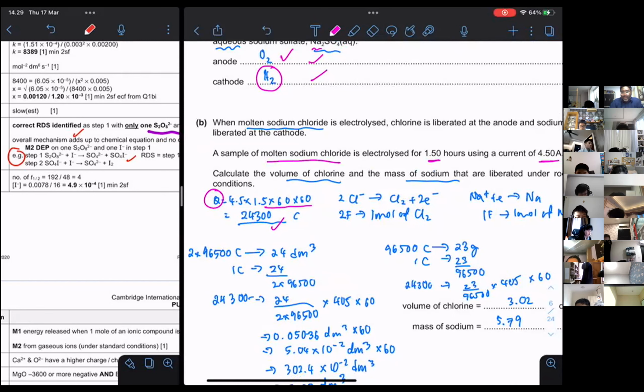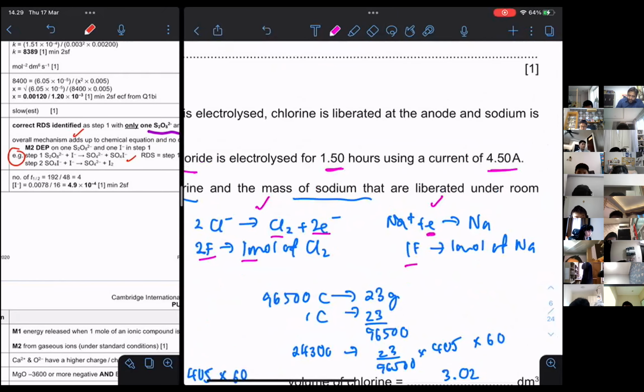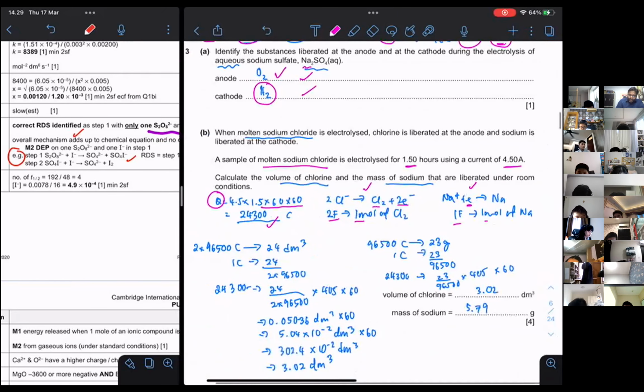So in this case, I have these two half equations, and you can see 2 Faraday is going to give you 1 mole of Cl2. 1 Faraday is going to give you 1 mole of Na. They want you to find out the volume of chlorine, and the mass of sodium.